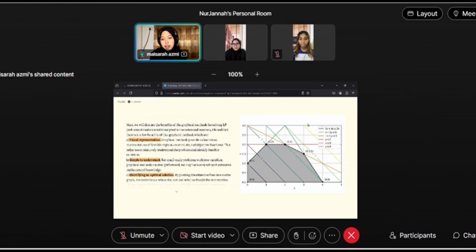Other than that, I would like to add one more, which is highlighting constraints and boundaries. The graphical method makes it easy to see how constraints interact and limit the solution space, helping to understand which constraints are binding and which are not.